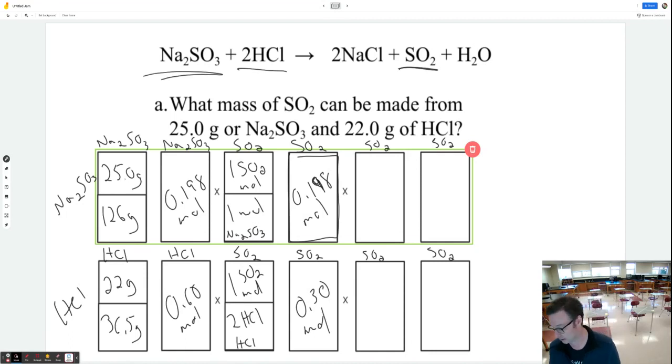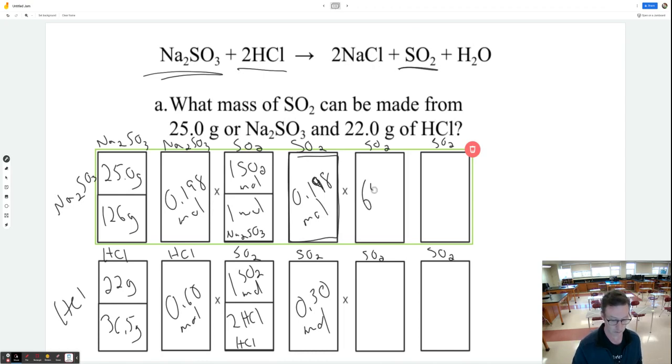The 22 grams of HCl would actually be able to produce 0.3 moles. So again, the smaller number that we started with actually yields more product. And it has to do with the ratio and the molar mass and things like that. So you can't just assume the smaller amount you start with is going to give you the smaller amount that you end up with.